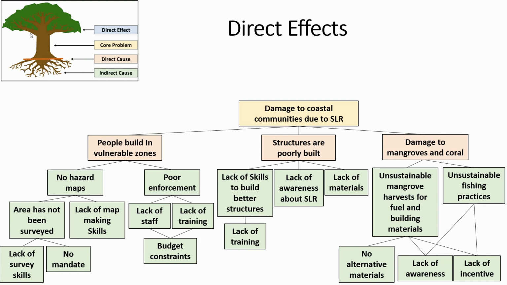Now what we want to do is move up into our branches, and this is where the effects are. We'll start off with our direct effects. If we have damage to coastal communities due to sea level rise, what are going to be the direct consequences of this? Well, I think first we start off with loss of jobs.